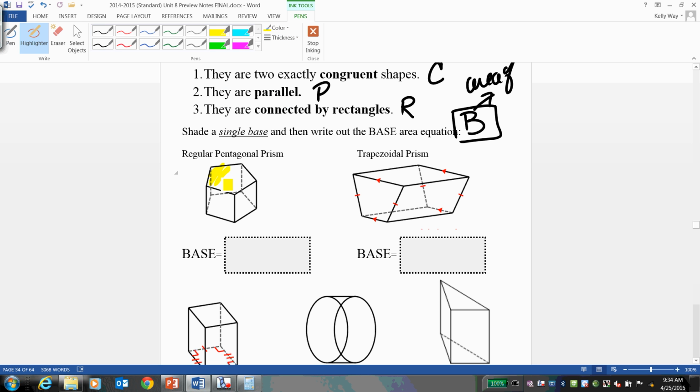Ready? For a regular pentagon or any regular polygon, you learned that the base area is going to be perimeter times apothem over 2, pa over 2. So when you work with a regular polygon base, you're using pa over 2.